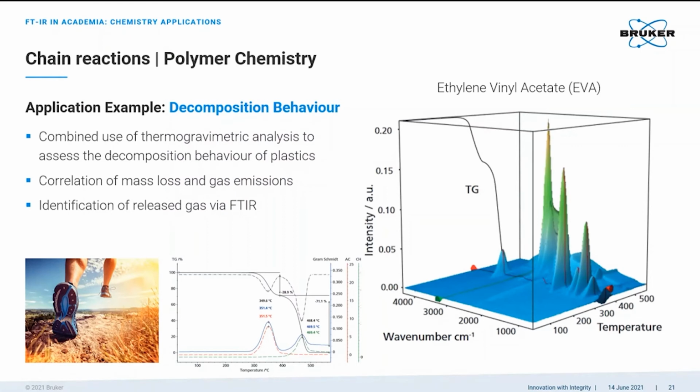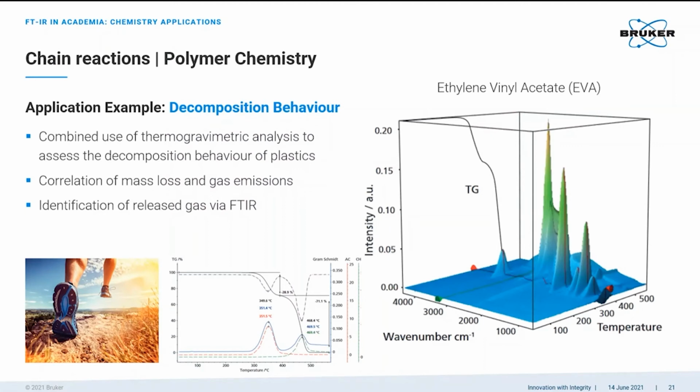You can see EVA is stable up to approximately 300 degrees C, and afterwards it decomposes in 2 steps. Acetic acid is involved solely in the first mass loss step at 350 degrees C, whereas the polymer backbone, illustrated by CH vibrations, collapses within the second mass loss step at 468 degrees C after the acetic acid has been fully released.